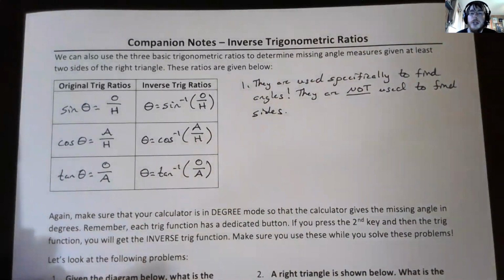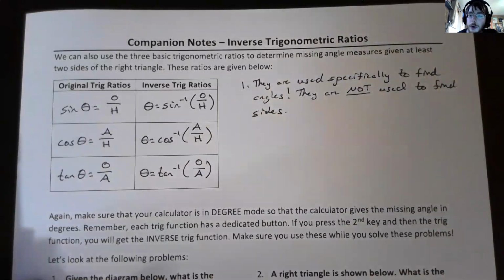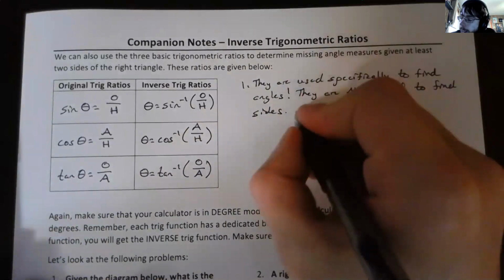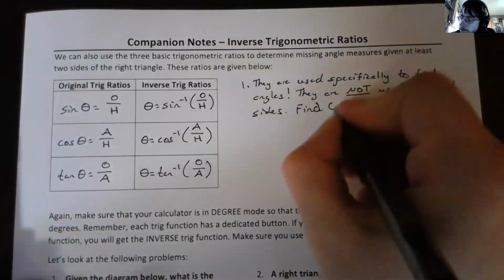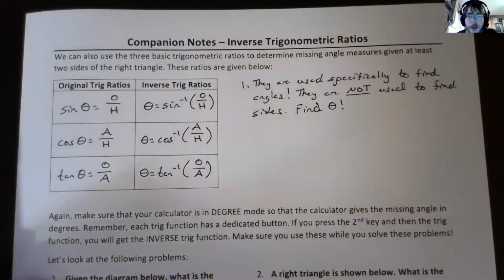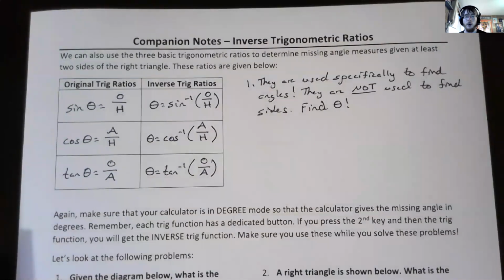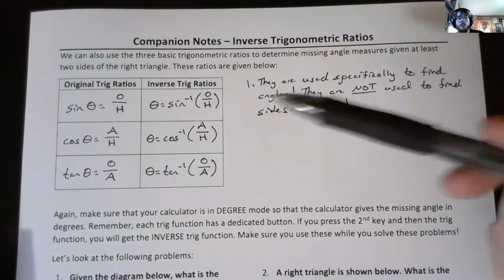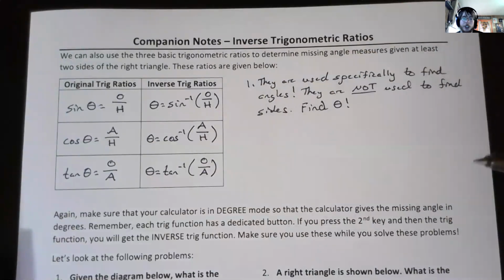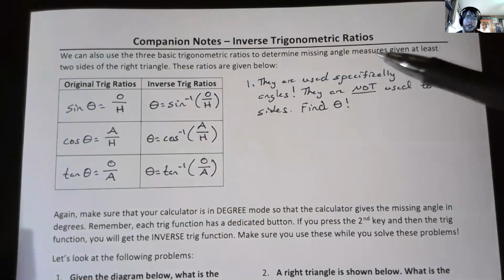That's what your original trig ratios are for. So they only find theta. Okay, so if you're looking for an angle, you need to be using the inverse trig ratios in your problem.